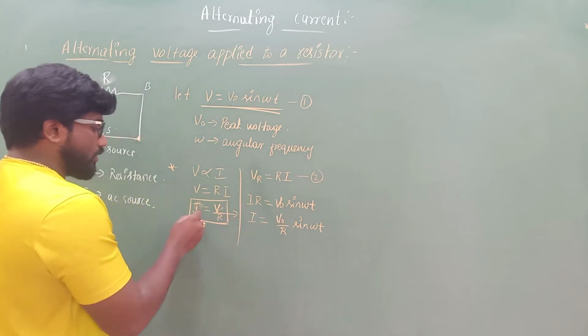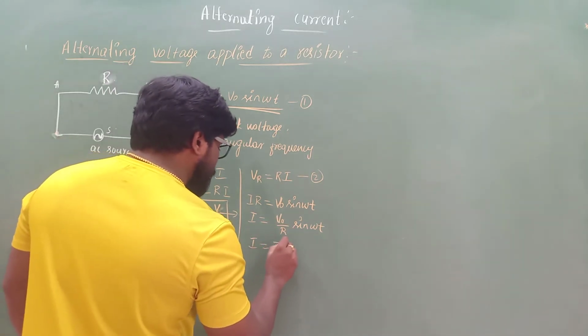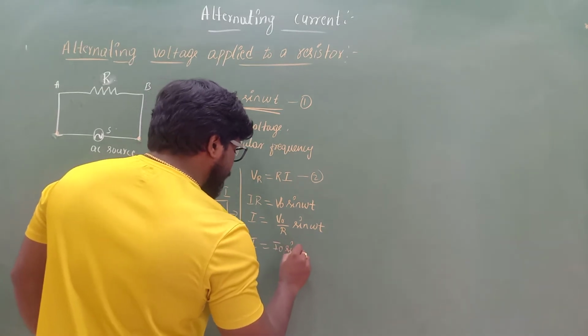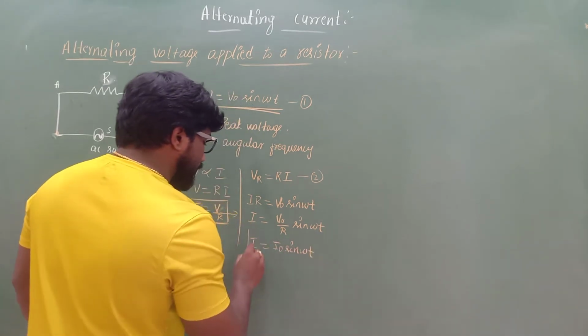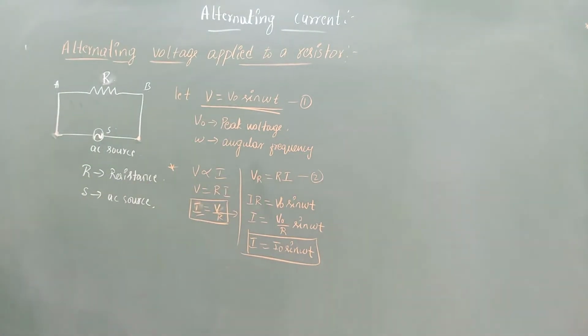V naught by R is what we take as I naught. So I is equals to I naught sin omega t. This is the expression for current that we get in the case of alternating voltage applied to a resistor. So this is the formula that we already know.